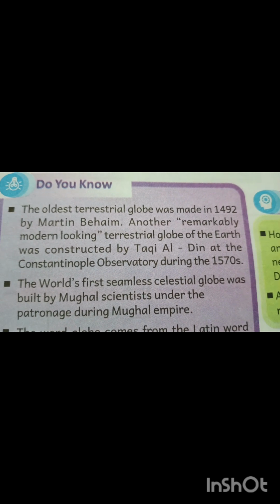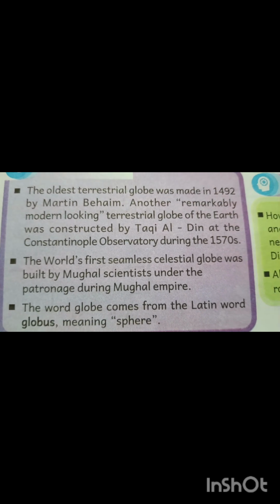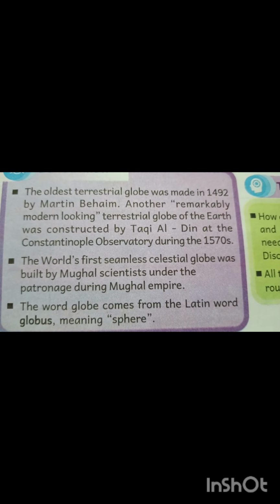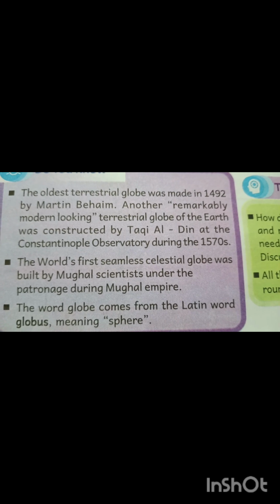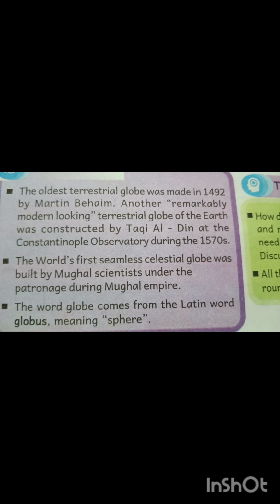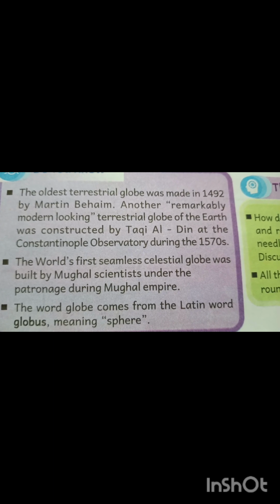The world's first seamless celestial globe was built by Mughal scientists under the patronage during the Mughal Empire. The word globe comes from the Latin word globus, meaning sphere.